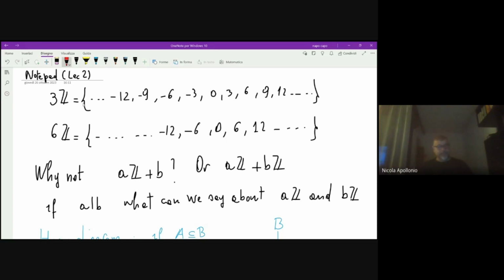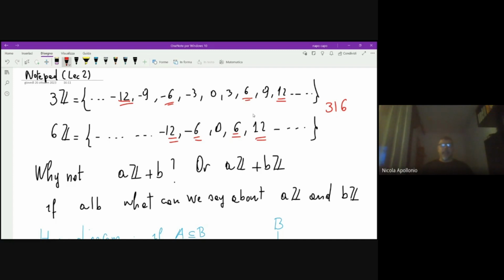Let me draw your attention to these two sets. 12 is here, 12 is here, 6 is here, 6 is here, minus 6, minus 12. And it's also clear that 3 divides 6, that 6 is a multiple of 3.